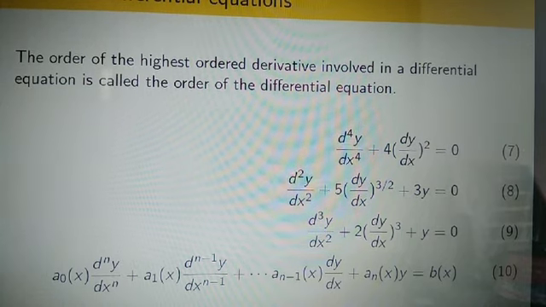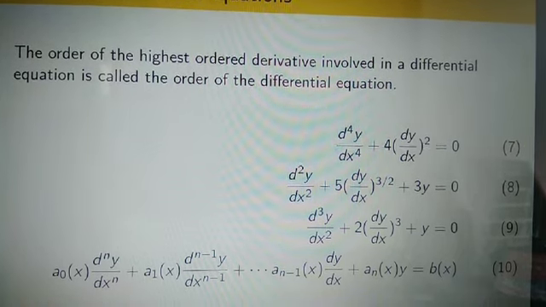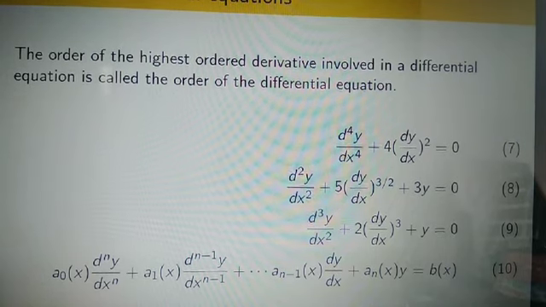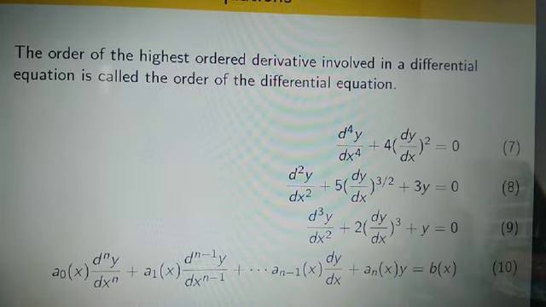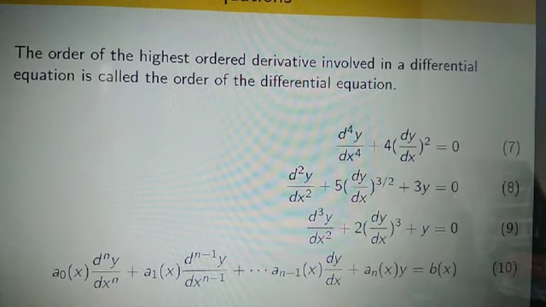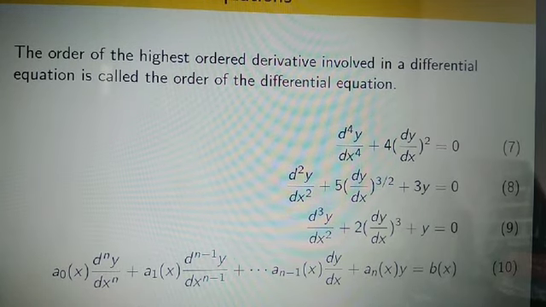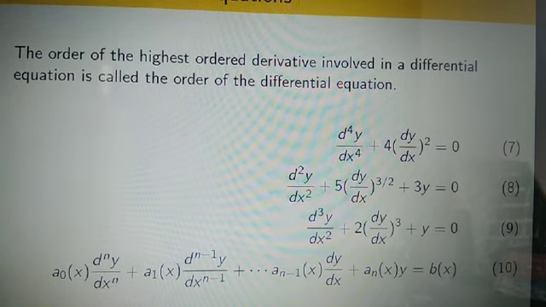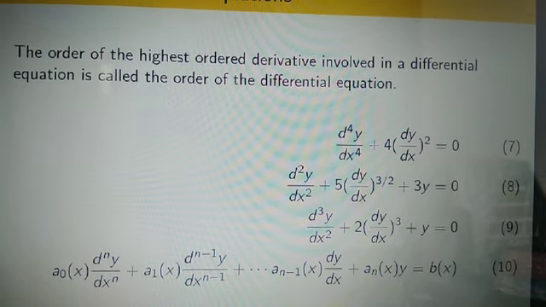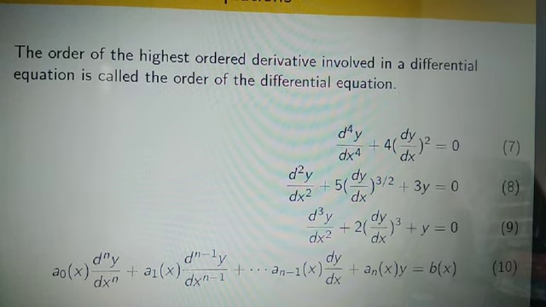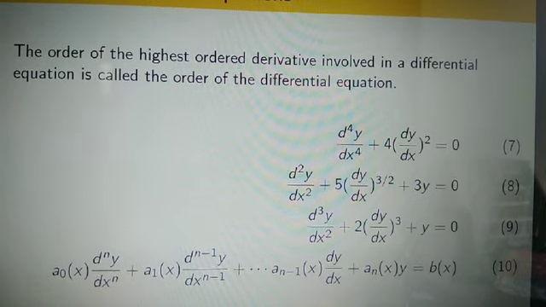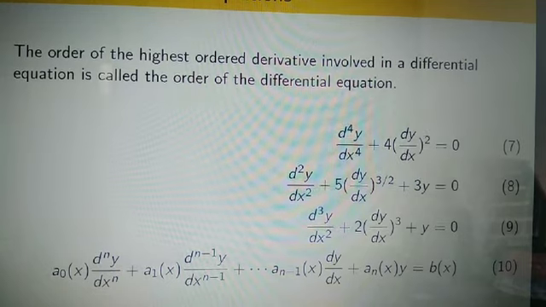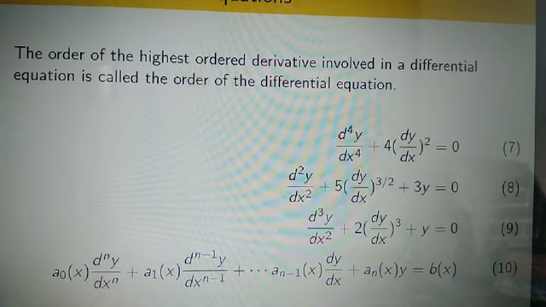At the end we have given an example of the nth order linear differential equation, where a0(x) dny dxn plus a1(x) d(n-1)y dx(n-1) and so on up to an(x), these are all functions of x only.